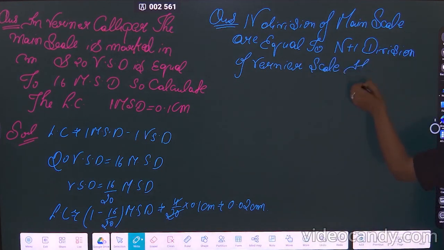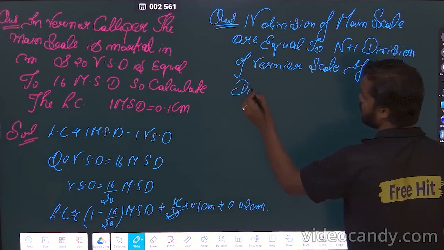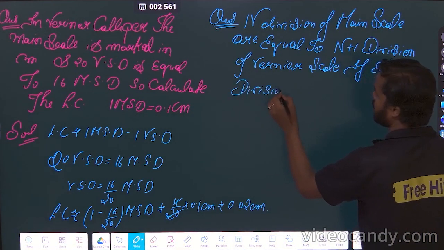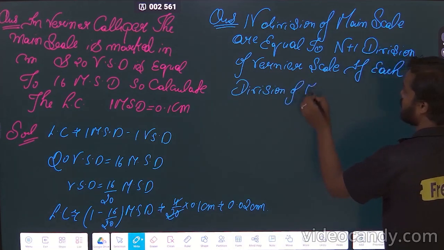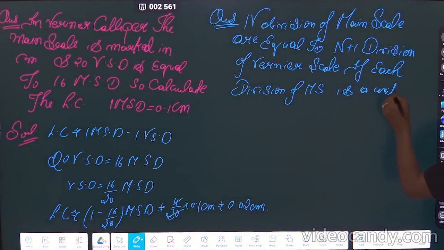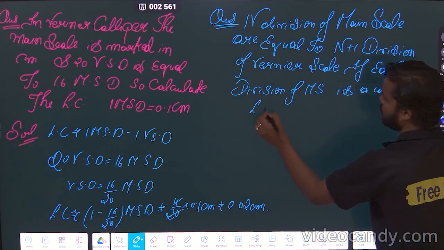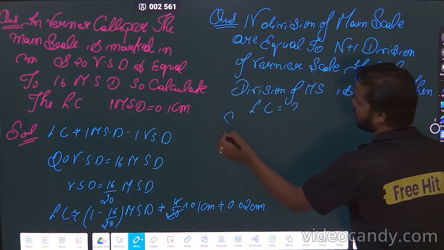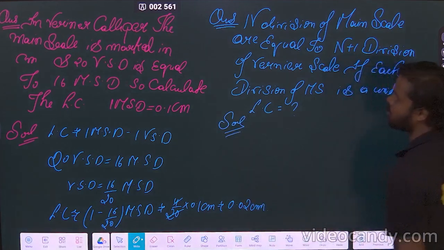If each division on the main scale is a unit, then the least count is how much? You have to calculate the least count.